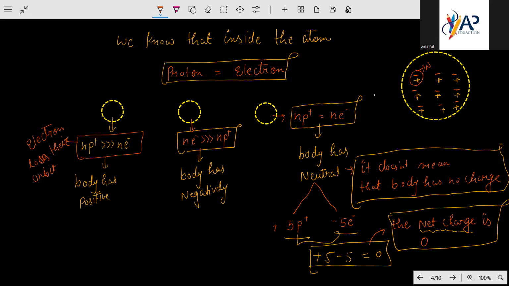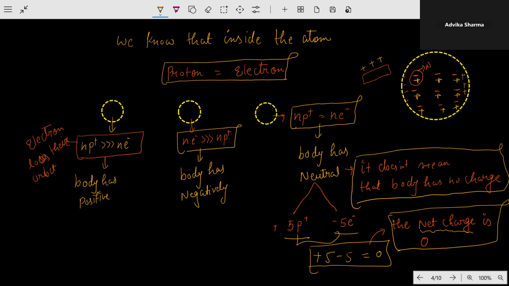Suppose we take a charged rod containing positive charge, then the negative charge separates on the surface here and positive charge separates on the surface here. That's why even a neutral body contains charge. Net charge means the numerical value becomes zero. It doesn't mean the atom does not have charge inside.